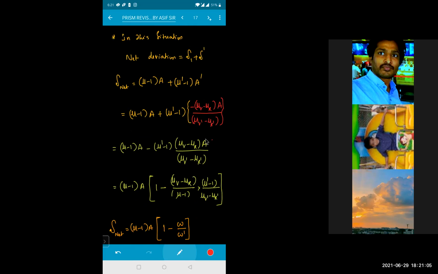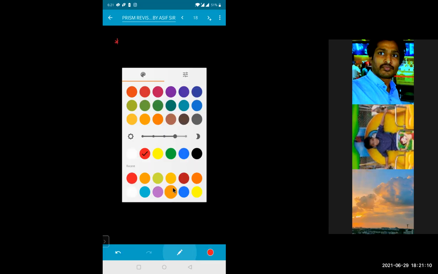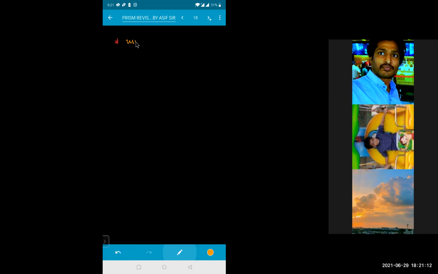Now you can keep some points here and write it out for this one. Usually, the dispersive power of your second prism is greater than the first prism.